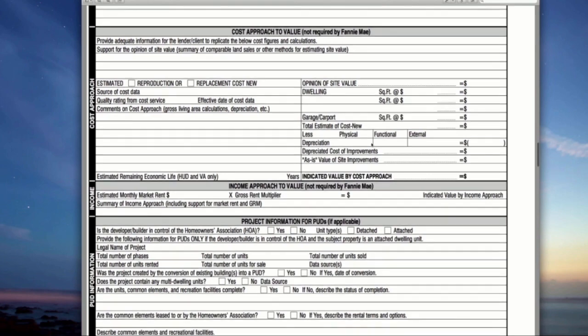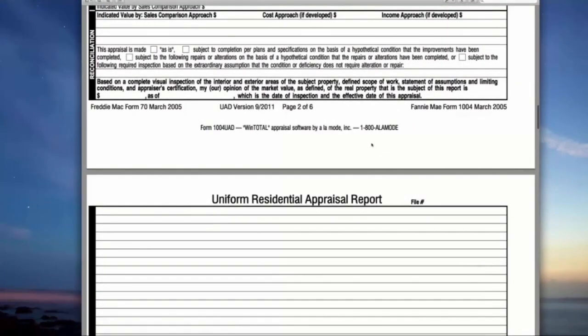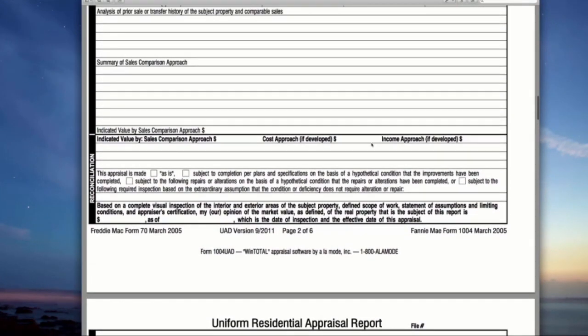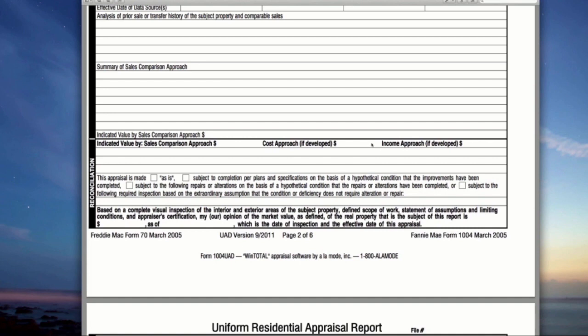You may not believe it, which a lender or borrower is that's acceptable, but you can't challenge the opinion.